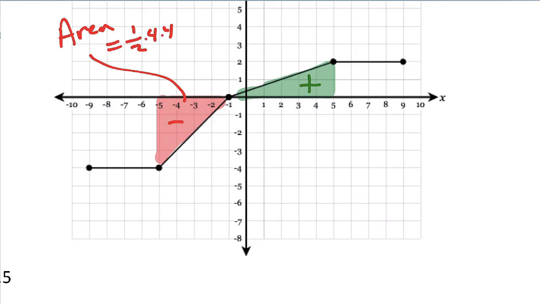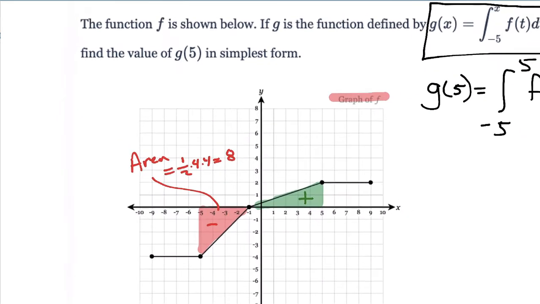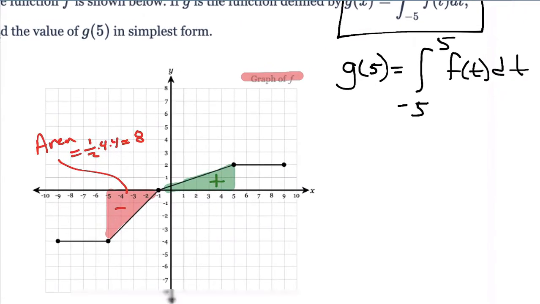So together, this has an area of 8. But because it's below the x-axis, it's got to be negative. And notice the direction that we're going, because that matters. We're going from -5 to 5. So we're going in this direction when we're accumulating this one.